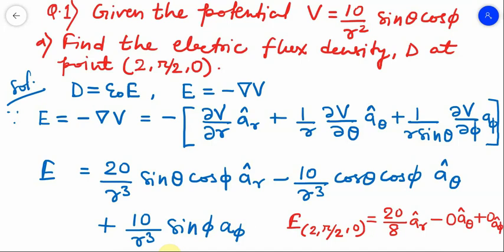Why? Because in the middle term there is cos theta, and cos 90 is 0 if you put pi by 2 in place of theta. Here also sin phi, and if you put phi equal to 0, sin 0 is 0. So the second and third terms vanish, only this term is left. E equals 20 upon 8 AR.